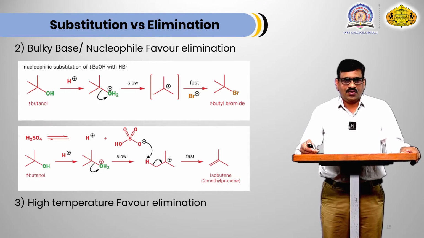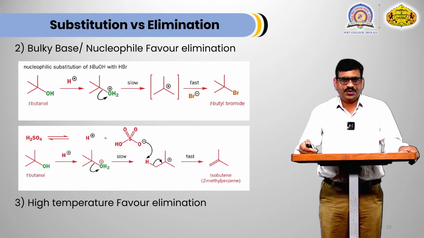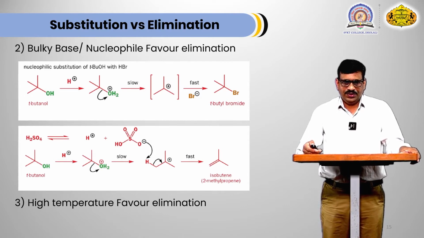Here, the conjugate base of H2SO4 is HSO4 minus, and in the first case, the conjugate base of HBr is Br minus. The size of Br minus is much smaller than the size of HSO4 minus. That's why in the second case, elimination is predominant. Hence, as the size of the attacking base or nucleophile increases, the percentage of elimination reaction also increases.